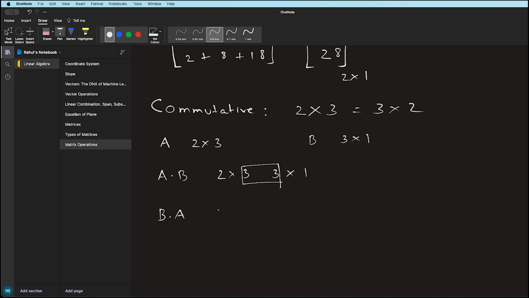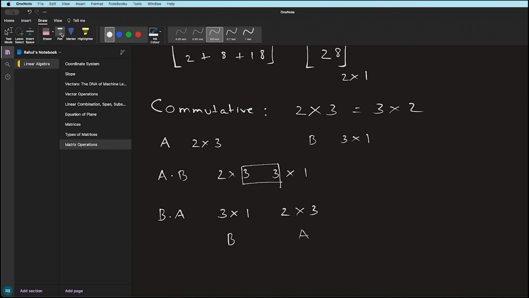the shape of matrix B is 3 cross 1 and the shape of matrix A is 2 cross 3.